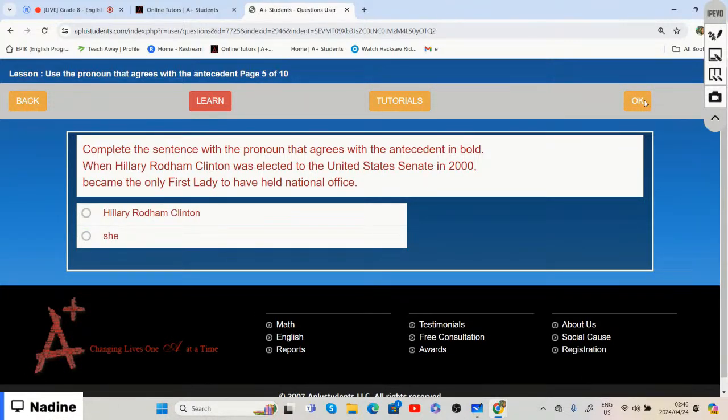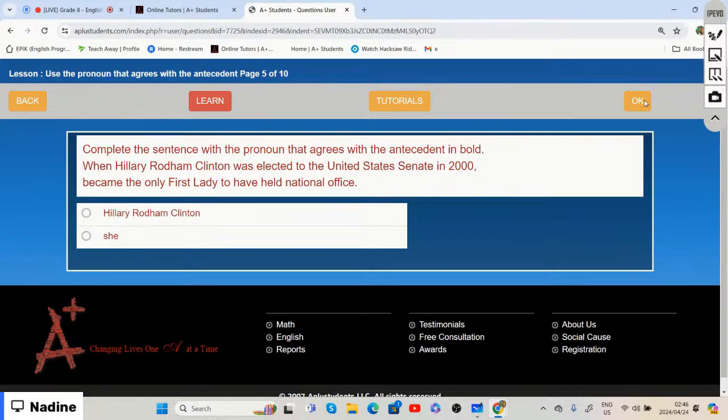All right, let's do the last one. When Hillary Rodham Clinton was elected to the United States Senate in 2000, she became the only first lady to have held national office. We need to now select the pronoun.